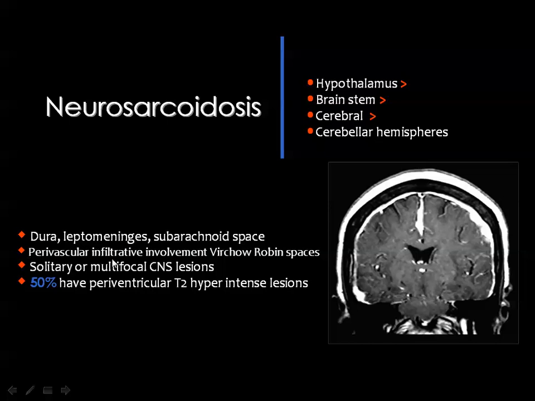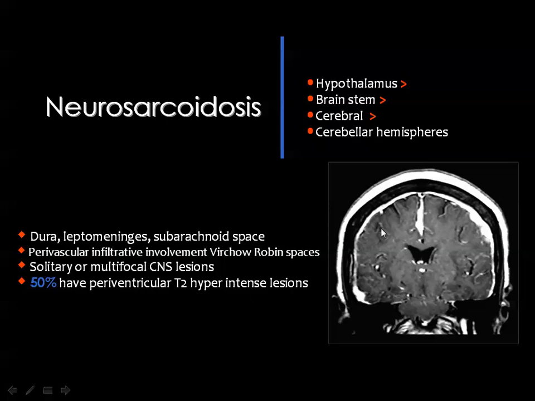Also, perivascular infiltrative involvement of the Virchow-Robin spaces is one of the criteria of neurosarcoid. Solitary or multifocal lesions, which are dural-based, may simulate meningiomas in some cases, and you can see some T2 hyperintense lesions in the periventricular area, as I will show to you.